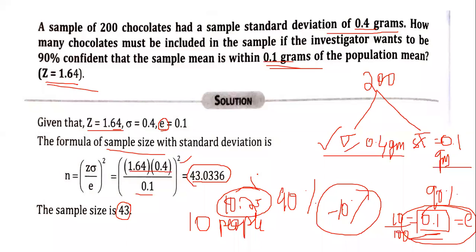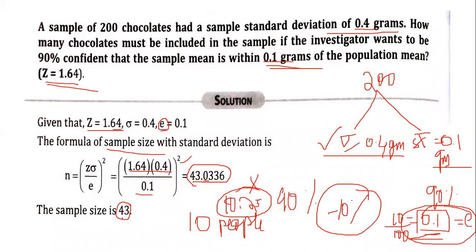I cannot call 10.25. Don't say 10 people plus a baby. No, that is not the concept. So keep the sample size as a whole number and don't include decimals. Since here after the point you just have 0, you can take 43 as the whole number.